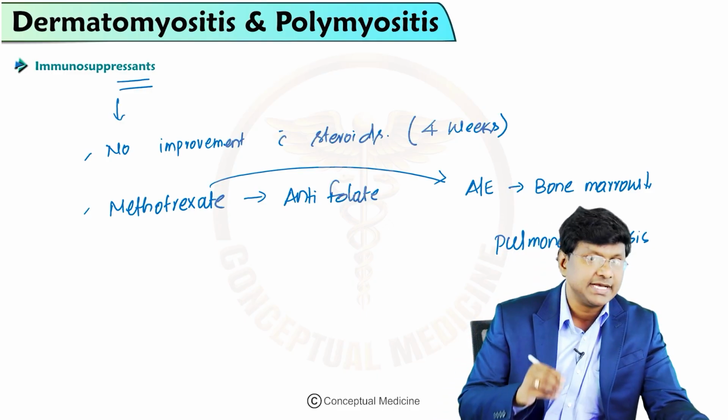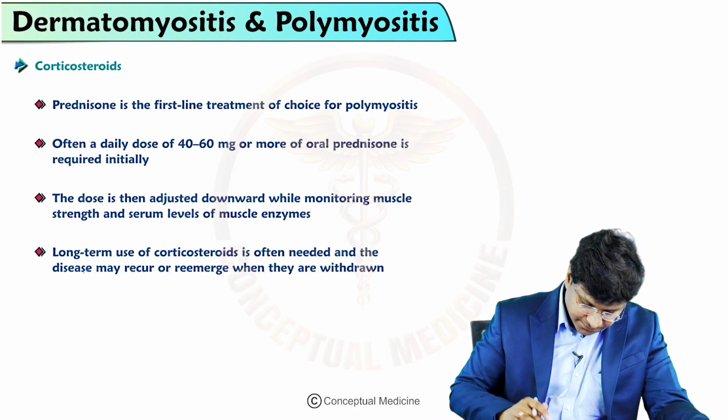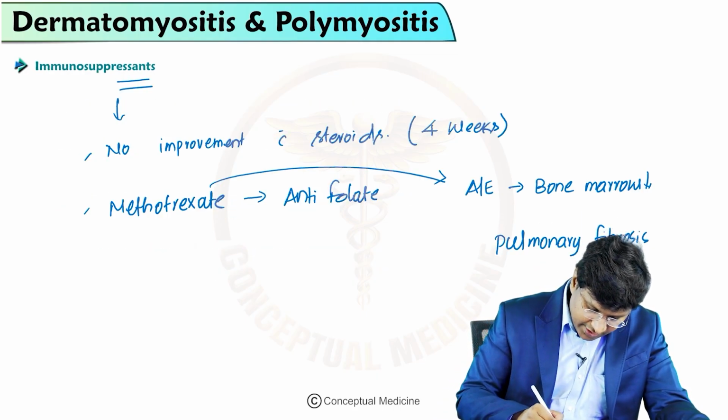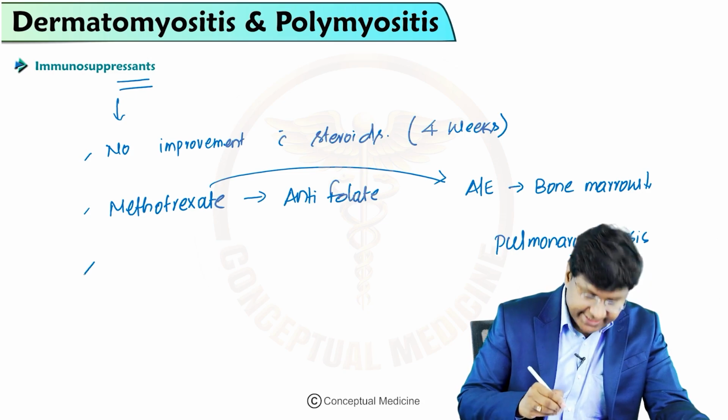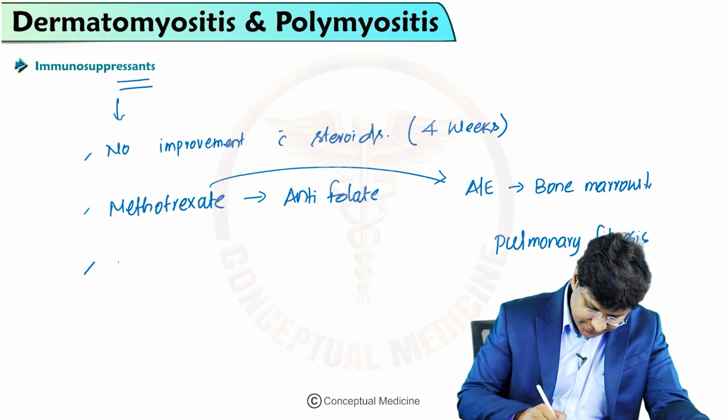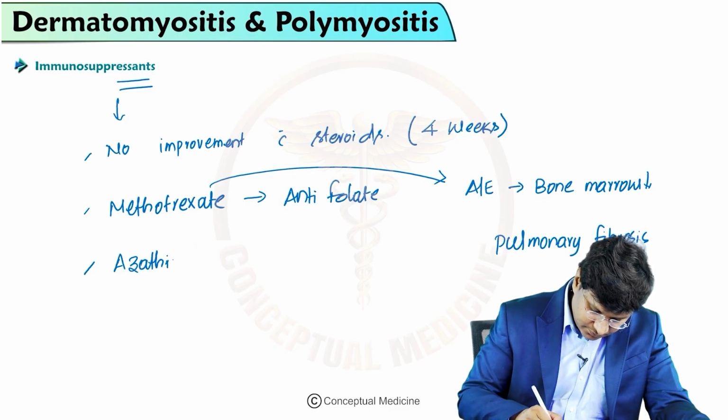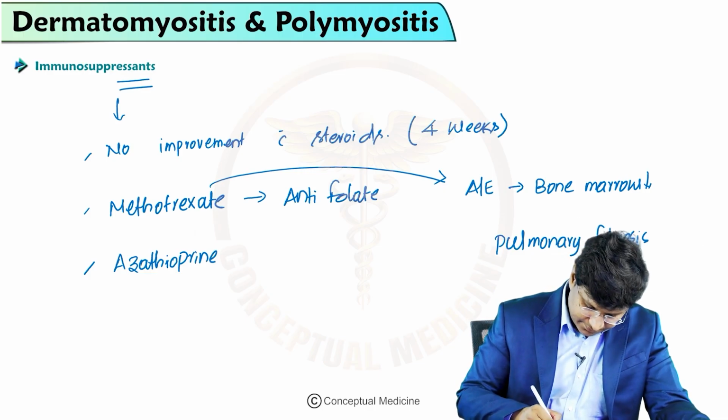Okay. Next, the other important point you need to know: the other alternative immunosuppressants next to your methotrexate. That includes azathioprine.